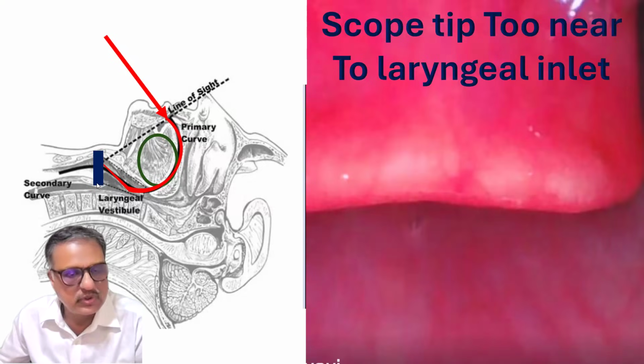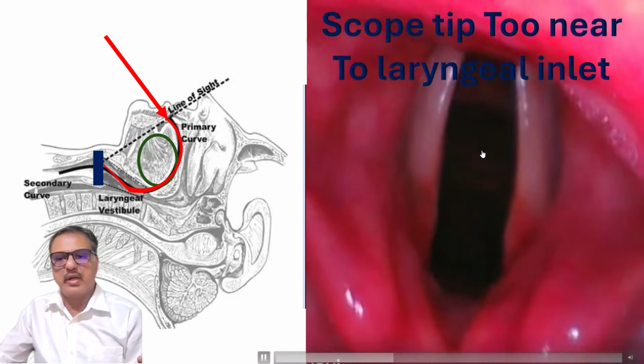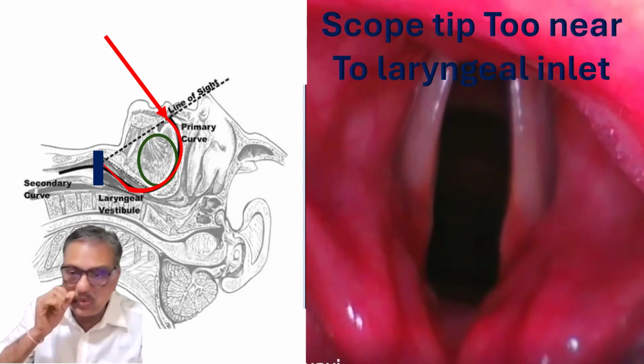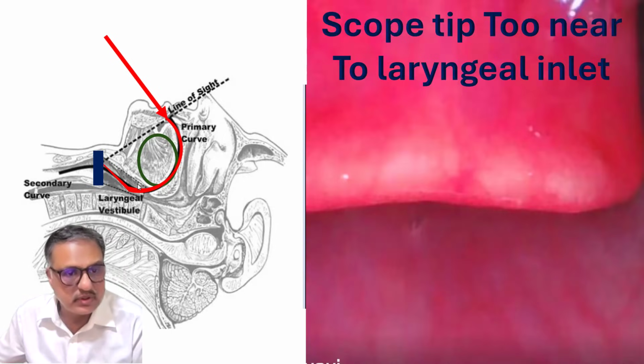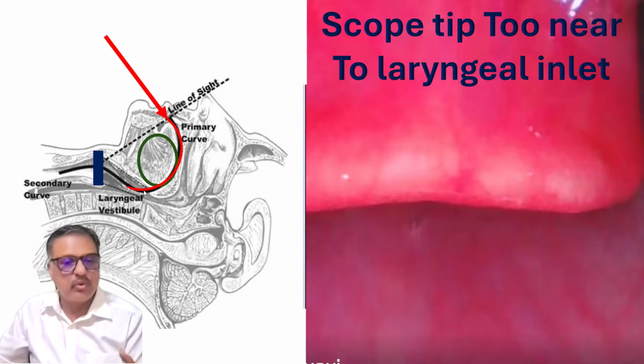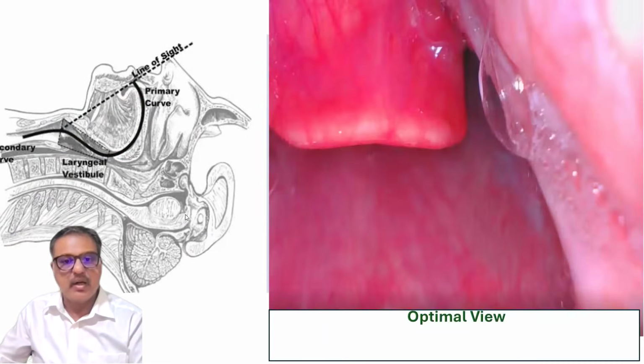Many times, suppose this blue is the larynx, your scope tip is too near to the larynx. What happens? You get this view. You get a very good POGO score, but you won't get space to manipulate the styletted tube inside. So in such a case, withdraw the blade tip a little bit, make the room, then you will be able to negotiate the styletted tube inside the larynx.